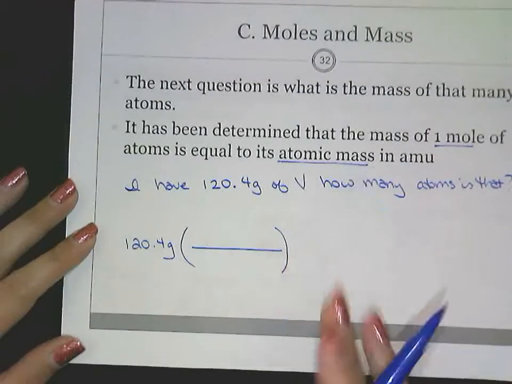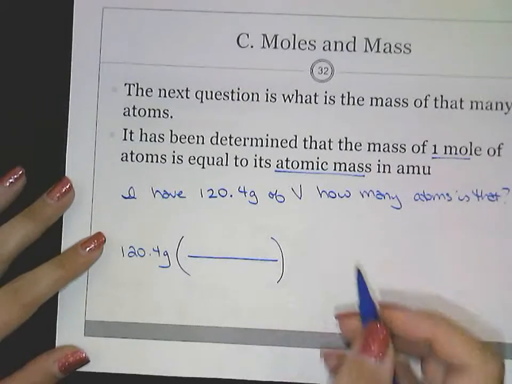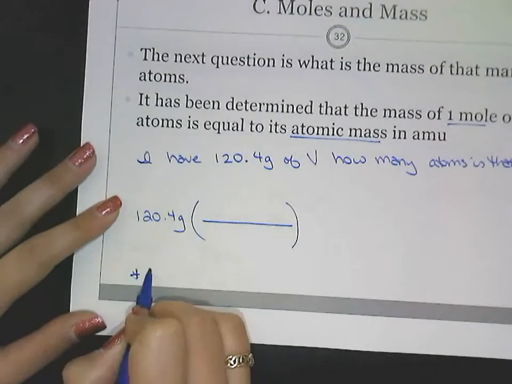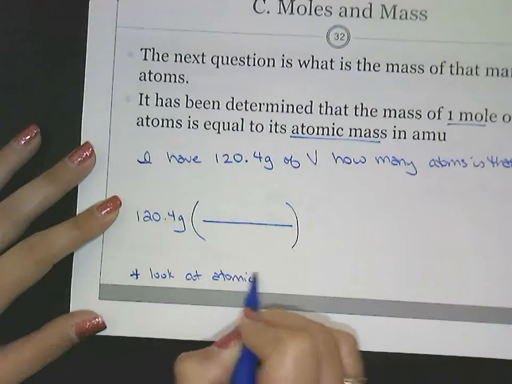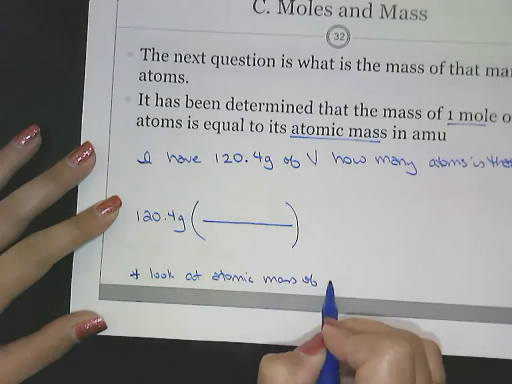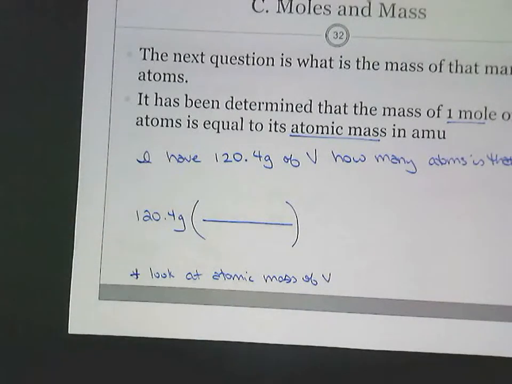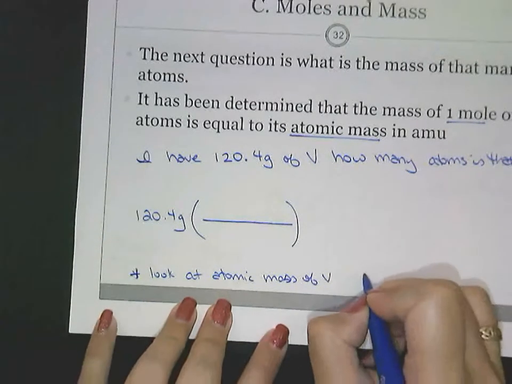So side note. If we go ahead and look at the atomic mass of vanadium, which I know is tiny, you can't read it from here. It's 50.9415.